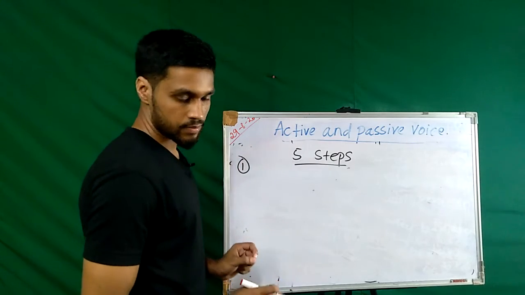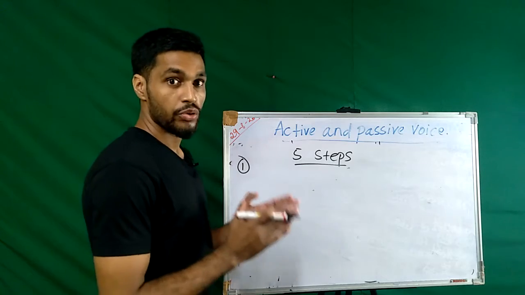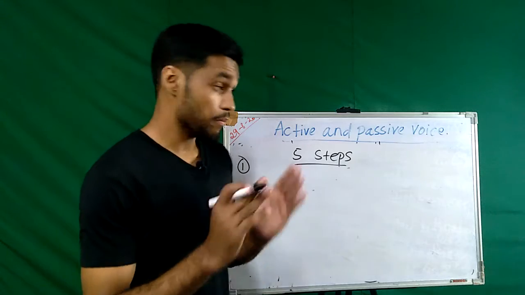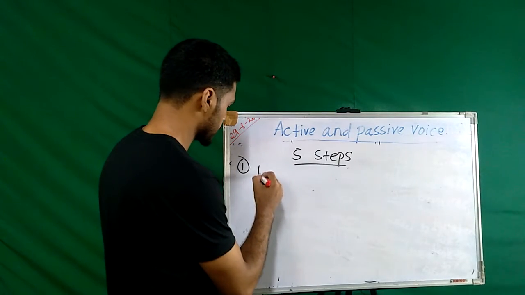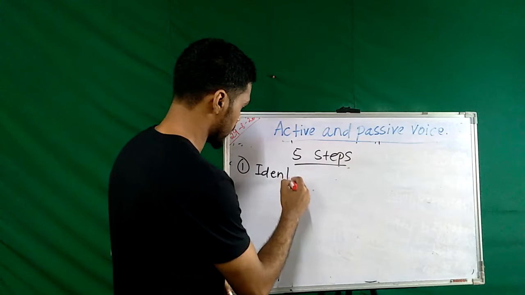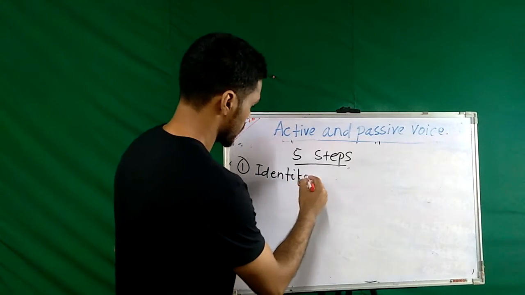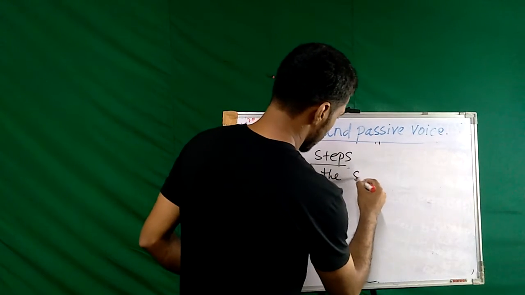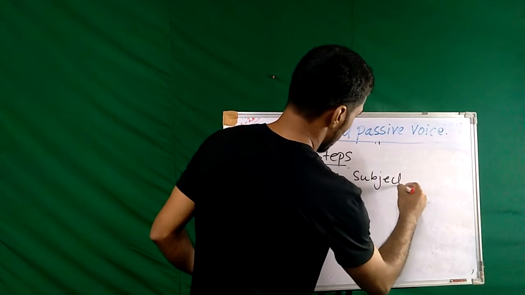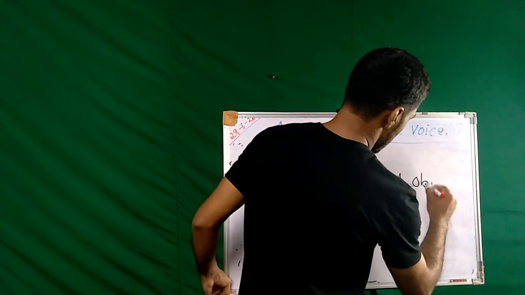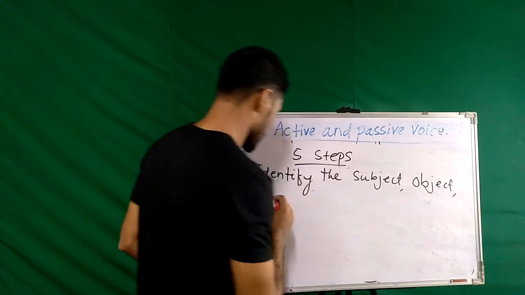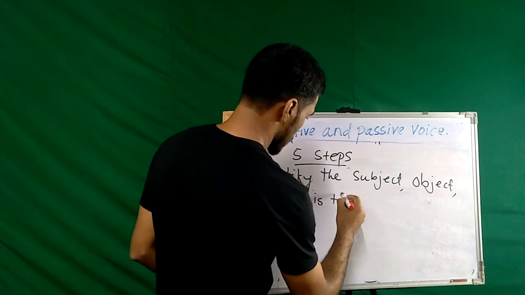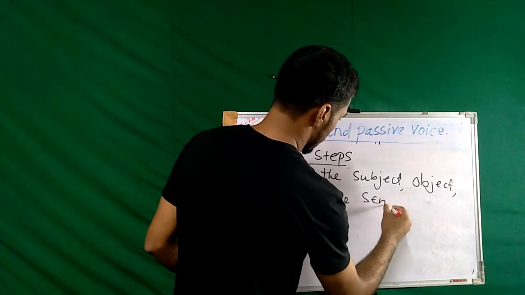The first step is, if the active voice is given, we need to identify the subject, object and main verb in the sentence.